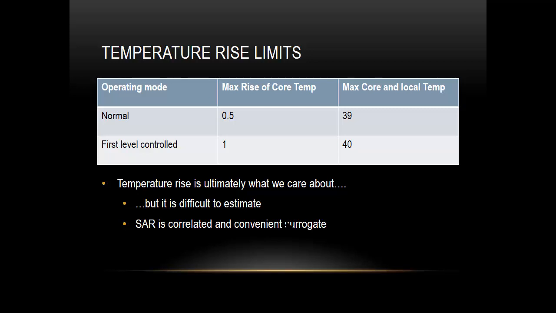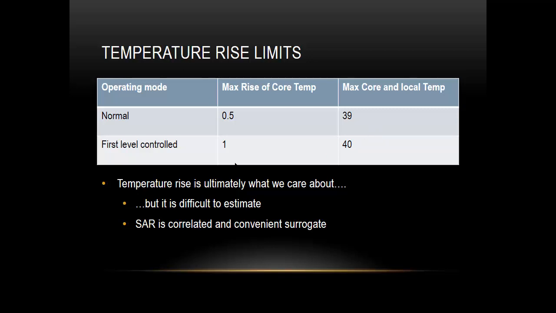Because specific absorption rate, as we said, you're worried about the heat deposition. It's the amount of heat deposited. So we are worried about the temperature, because it's not exactly SAR that we are worried about. We're worried about the temperature rise in the patient. If you look at the normal operating mode, the limits set are a rise of 0.5 as maximum, or a maximum core temperature of 39 degrees Celsius.